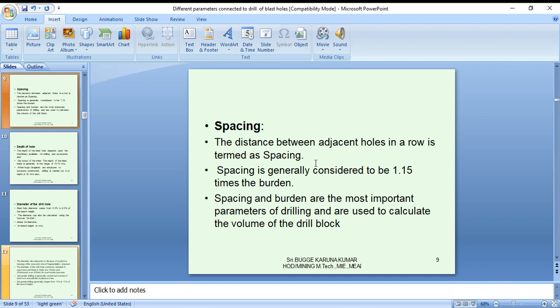Here also, for example, 300 diameter multiplied with 1.15 times. So the spacing is very little compared to the burden. You have to maintain 1 to 1.15 times, and the spacing is more important.